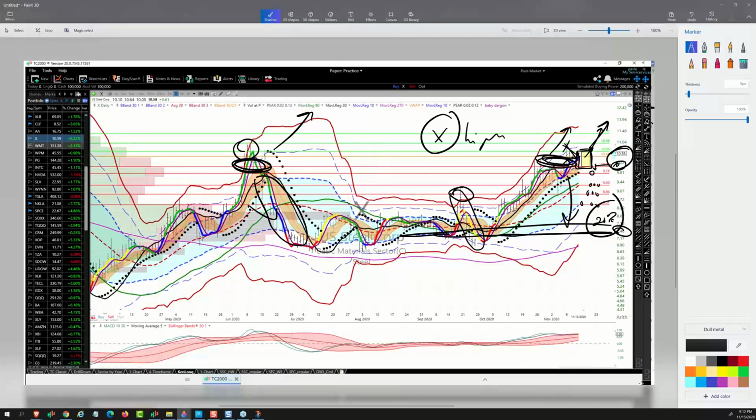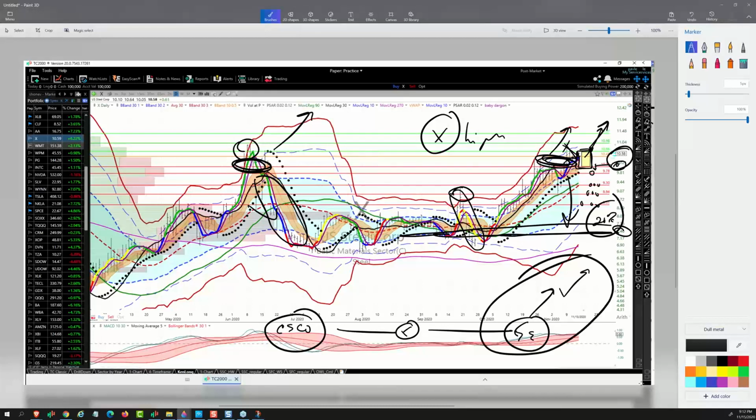So if we think about this in terms of life cycle, we had Cisco, U.S. Steel, and GE. GE had already given us 2 strong legs up and was well above the previous high. So that's what a fully recovered and moving out symbol looks like. Cisco had only just come out and was getting ready to close the 2 gaps from the previous sell-off.